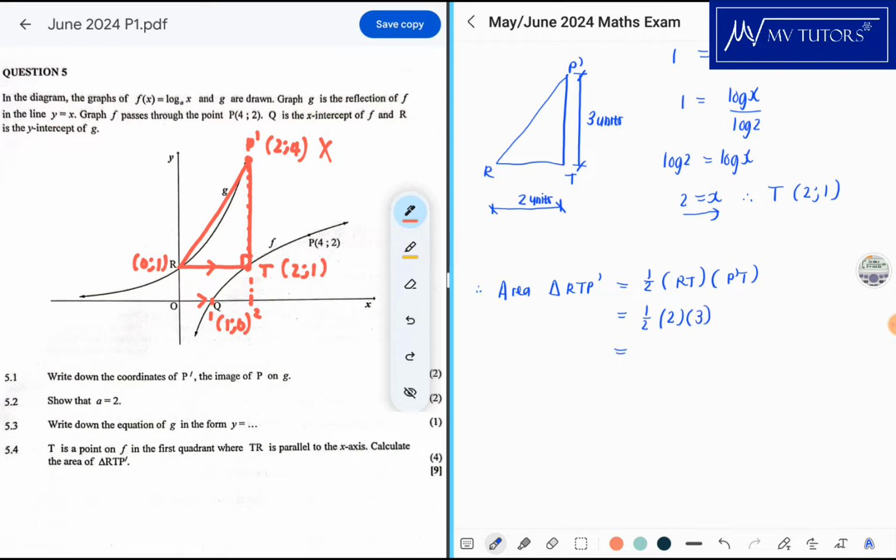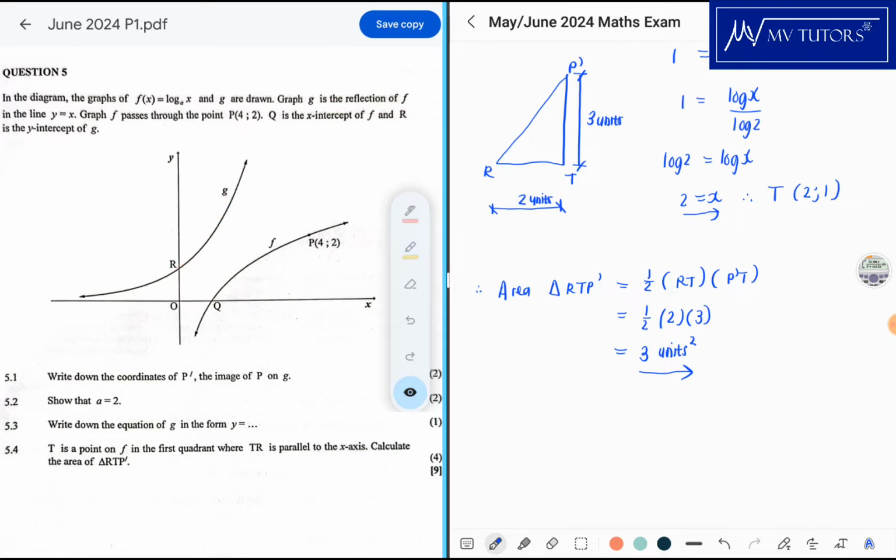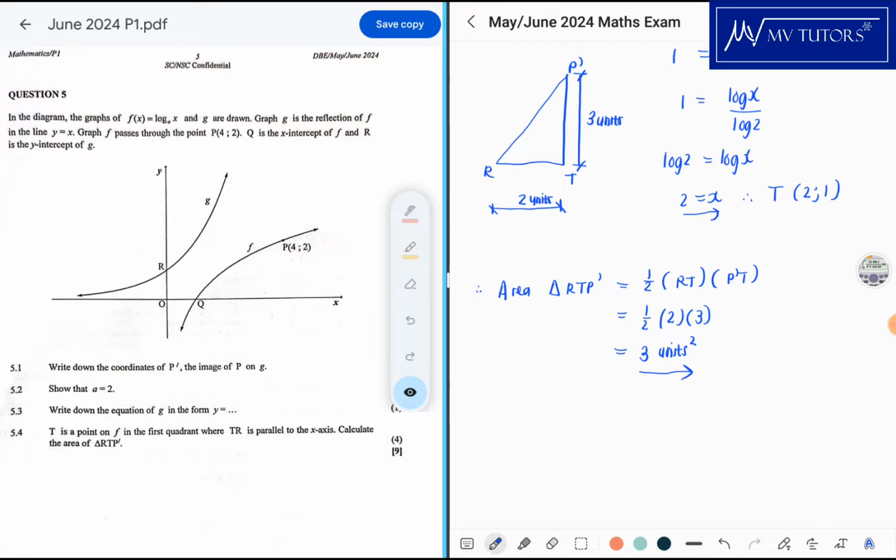So 2 times 3 is 6, times a half, 3. So we have 3 units squared, and that is the area. Okay, and that is it then for question 5.